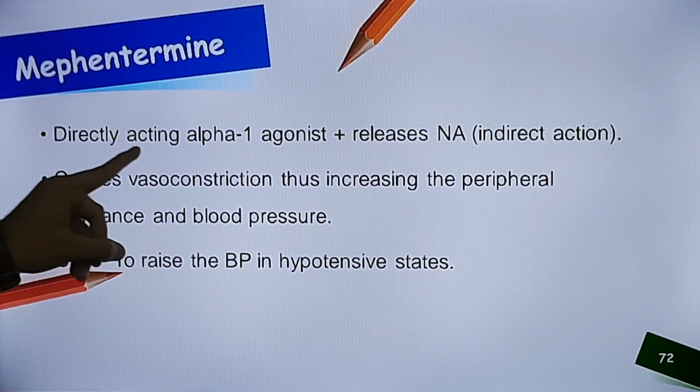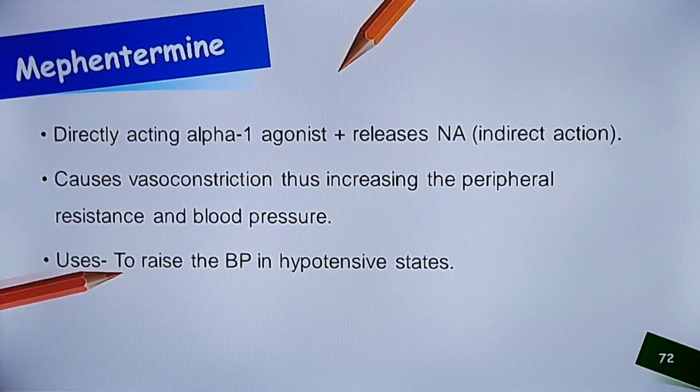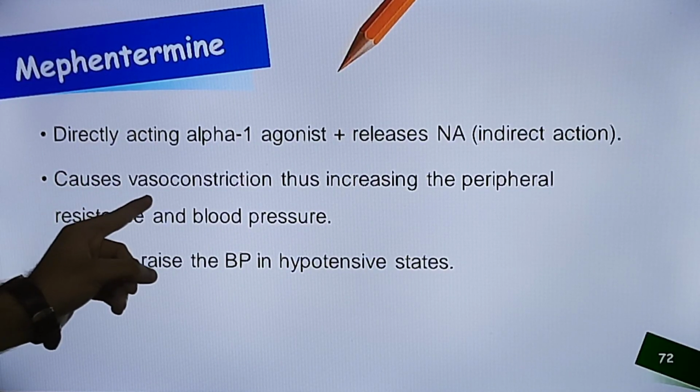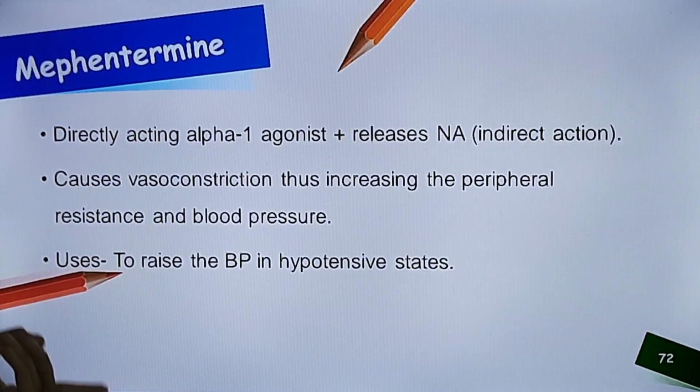Thus by stimulating alpha 1 adrenergic receptor it will cause vasoconstriction. Vasoconstriction अगर होगा it will increase the blood pressure. So simply we can use this particular drug, that is mephentermine, to raise the blood pressure in cases of hypotensive states.